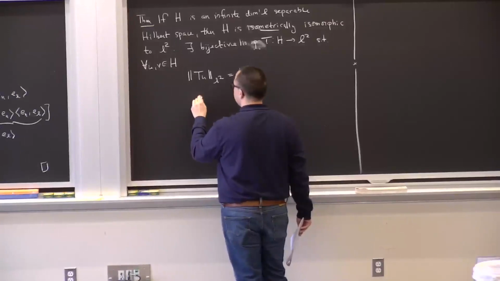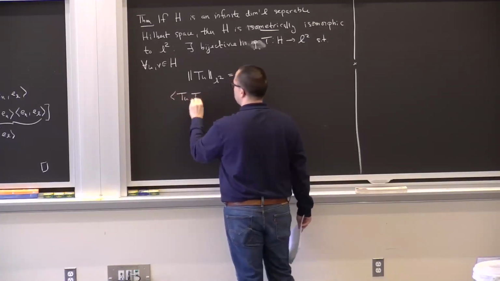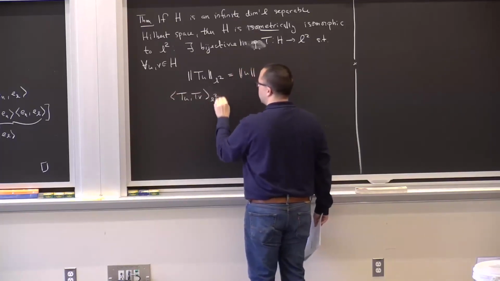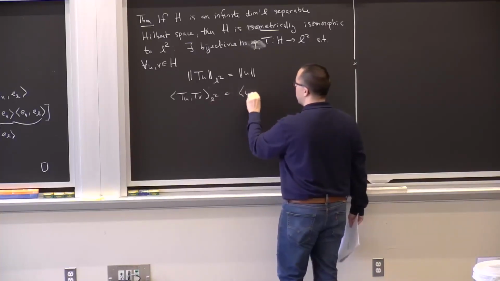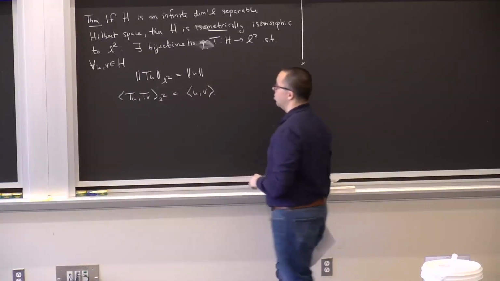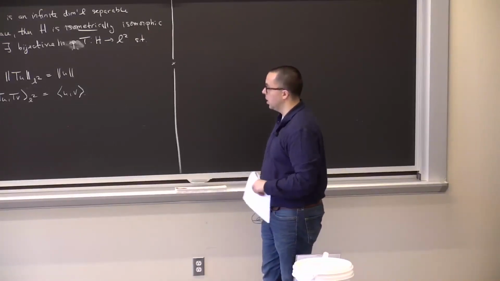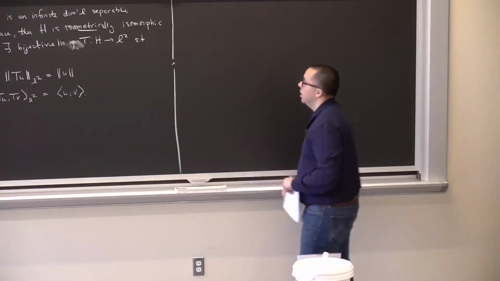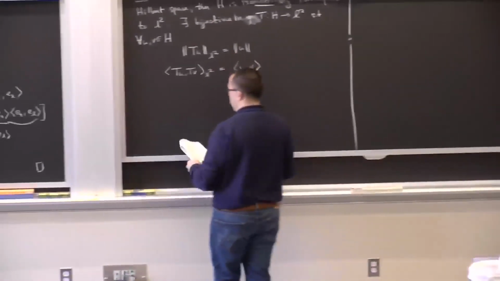But anyways, and also we have (Tu, Tv), taking this inner product in l2, because these are elements now of little l2, this is the same as the inner product in H of u and v. Okay, and it really just follows kind of immediately from what we've done once I just write down the map.